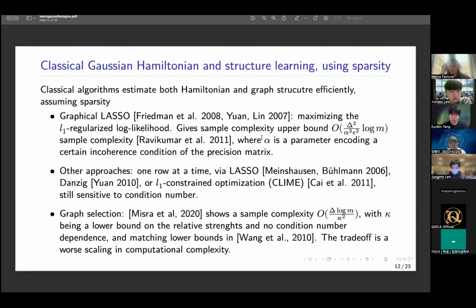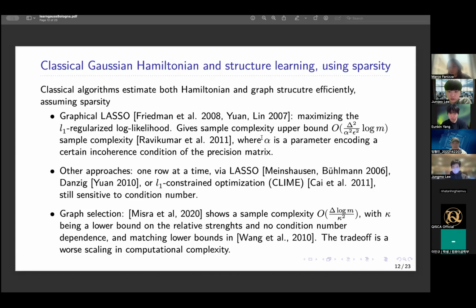And here I can mention the graphical lasso and other approaches such as the lasso, Dantzig, or CLIME, which are also efficient on the computational side, but they are sensitive to the condition number of the precision matrix. But recently there has been a paper that shows a sample complexity that does not depend on the condition number, and this is for graph learning, which matches information theoretic lower bounds, but the trade-off is a worse scaling in computational complexity.